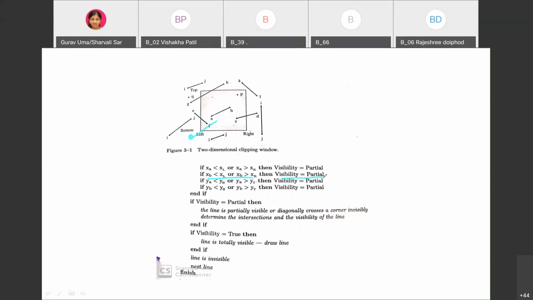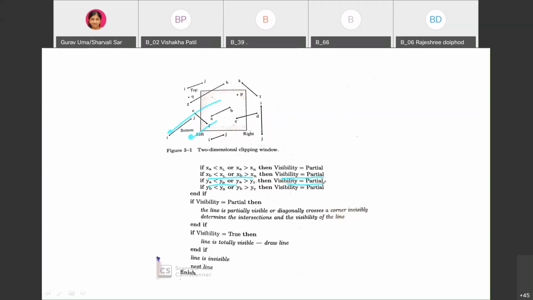Similarly, for the next line: YA is less than YB or YA is greater than YT. If YA is less than YB, it will be somewhere here, and if YA is greater than YT, it will be outside the window. So the visibility will be partial.